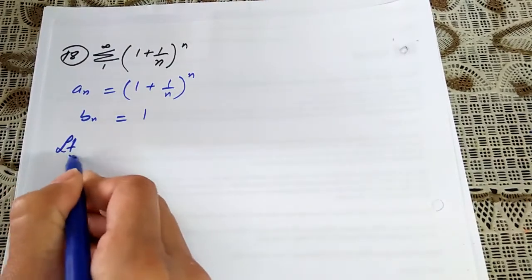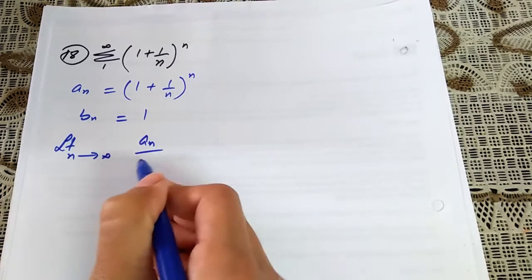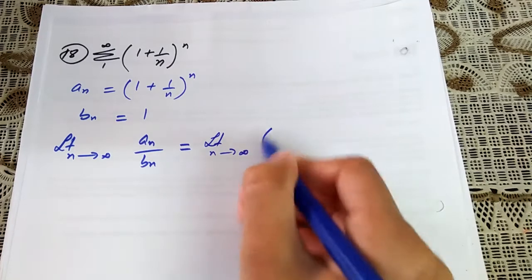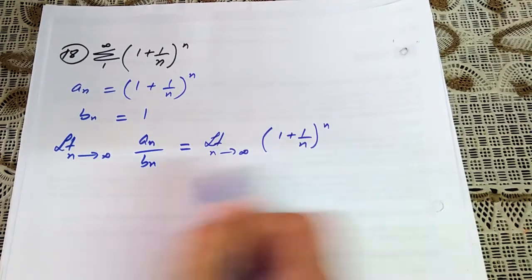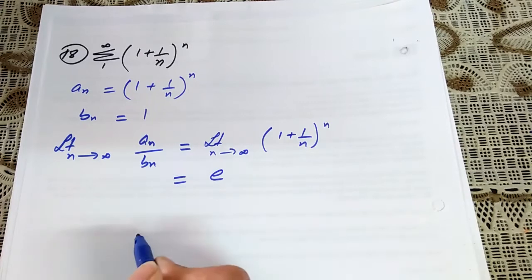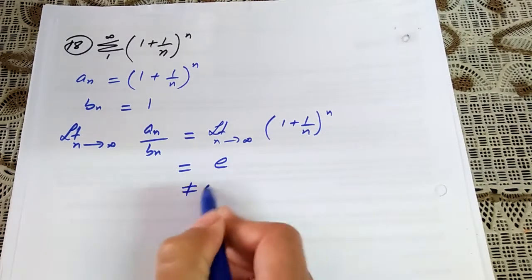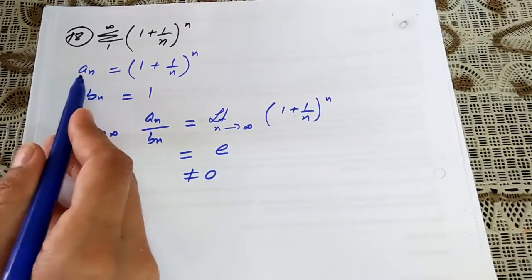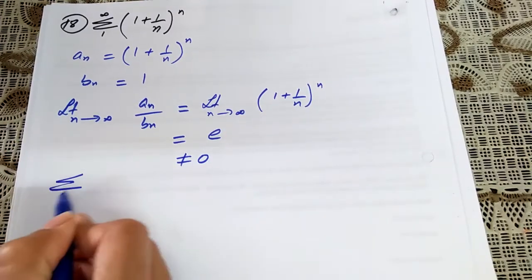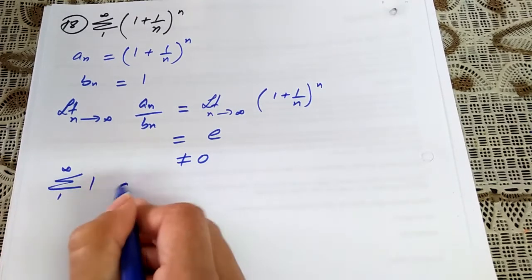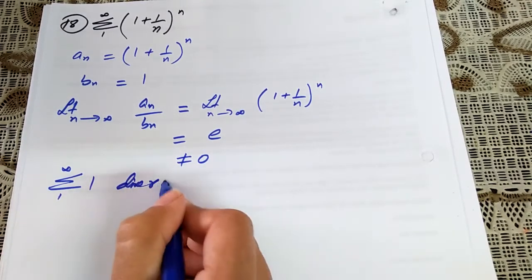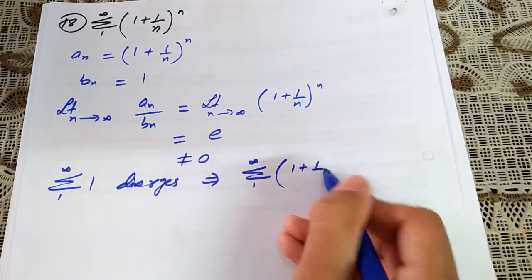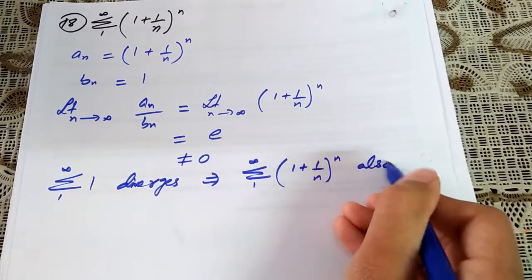Now using the limit comparison test, limit n approaches infinity an over bn is equal to limit n approaches infinity 1 plus 1 over n raised to power n, and you know that this is equal to e. And this is not equal to 0. So whatever behavior we get for the bn series will be the same behavior for an. And we know that summation 1 to infinity 1 diverges. This implies that summation 1 to infinity 1 plus 1 over n raised to power n also diverges.